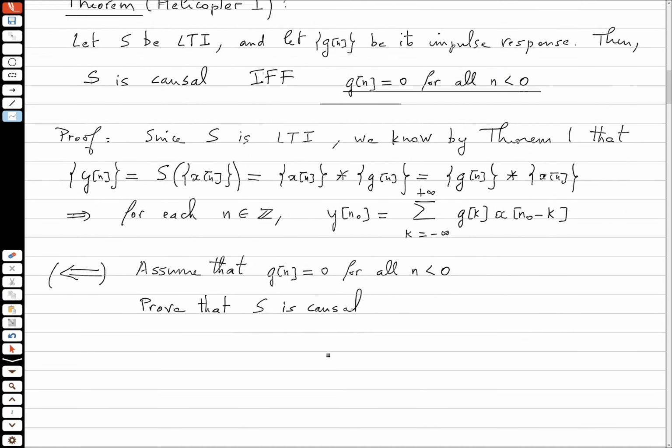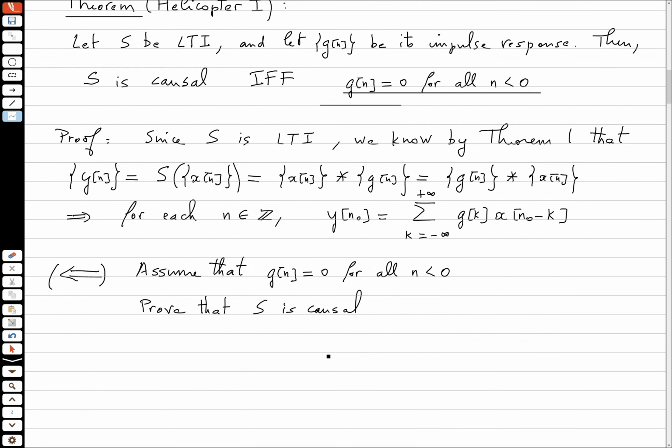Okay? Now, we know that we have this expansion. But we assume that g of n is 0 for n negative. So is it necessary to perform this summation from minus infinity to plus infinity? No? So how can I limit this? So we do have this. But if you write this extensively, what do you get?